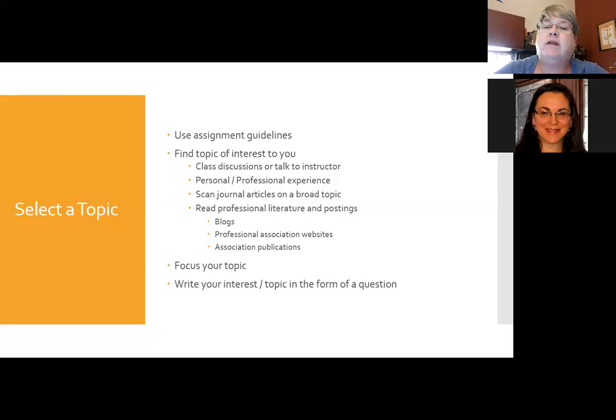So know what your assignment is and be able to focus your topic so that it's manageable. And then after you have your topic, you need to be able to write your topic in the form of a question. What is it that you want to know? When you're looking at topics that you want to study, it might start off with several questions.